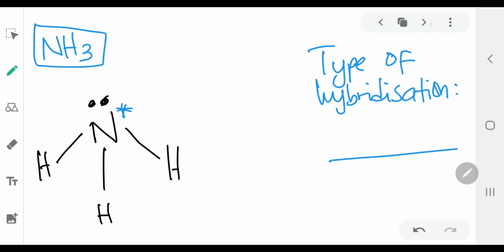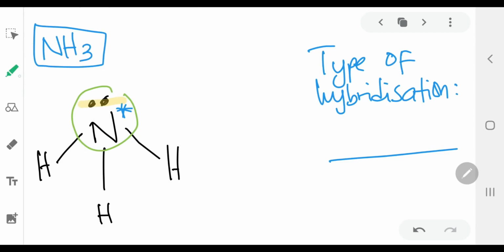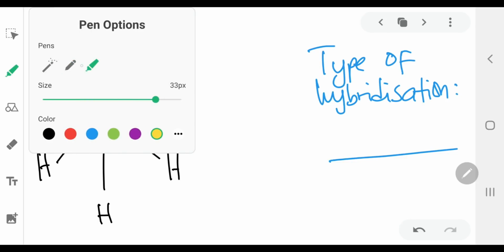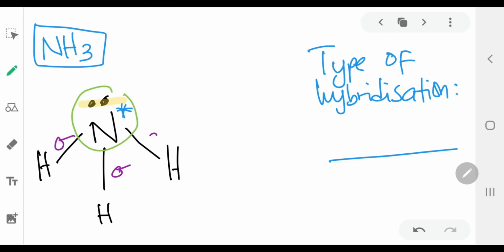Now, what about this? Another one with a lone pair right there. Okay, 1 lone pair with 3 sigma bonds.